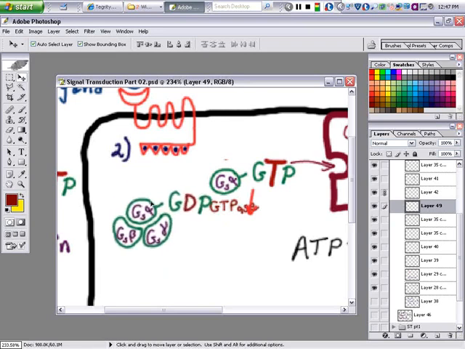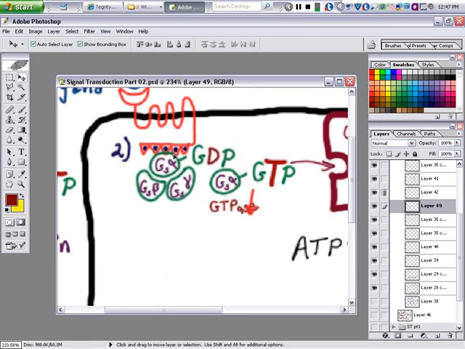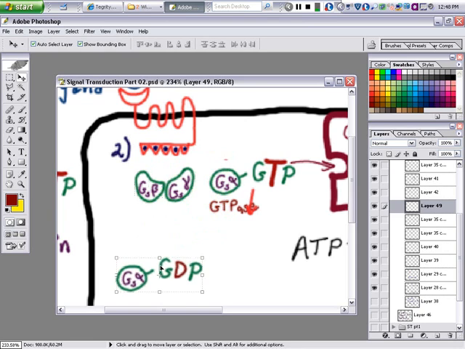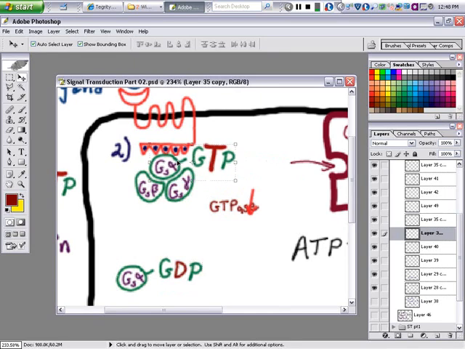All of this is going to go to the receptor and bind to the receptor. Now GDP is going to be exchanged for GTP. So you're going to lose the GDP, and then the GTP is going to replace it.